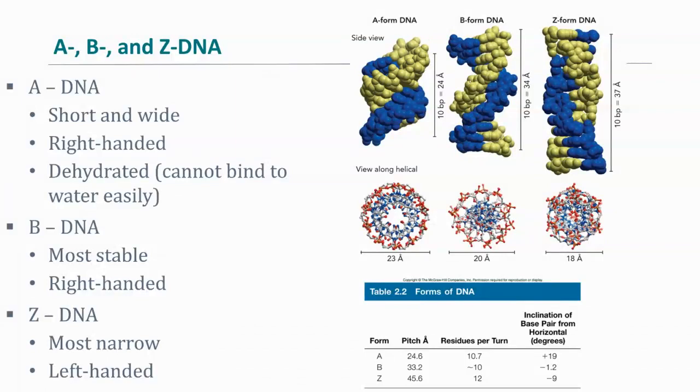It is shorter and wider than the B form DNA, and this A form DNA only occurs in highly dehydrated conditions. Also, sometimes we can find a Z form DNA. It is left-handed, so from left to right in the front is left-handed DNA. That's the most narrow DNA form.